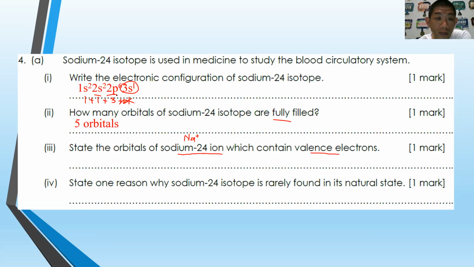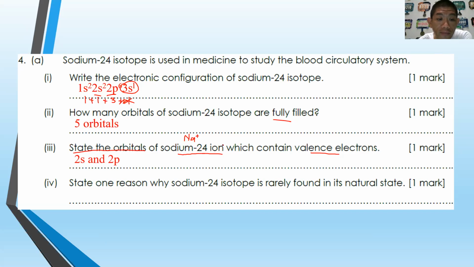However, if you write 2s2, 2p6, the answer will be wrong, because the question says state the orbitals with valence electrons. They just want the orbitals. They don't want you to write the electronic configuration. So the valence electrons are in the orbitals 2s and also 2p.